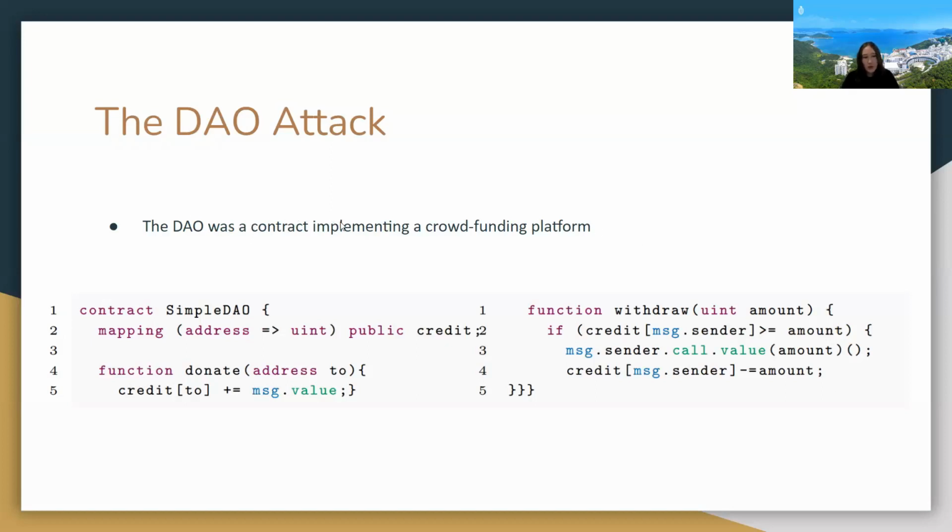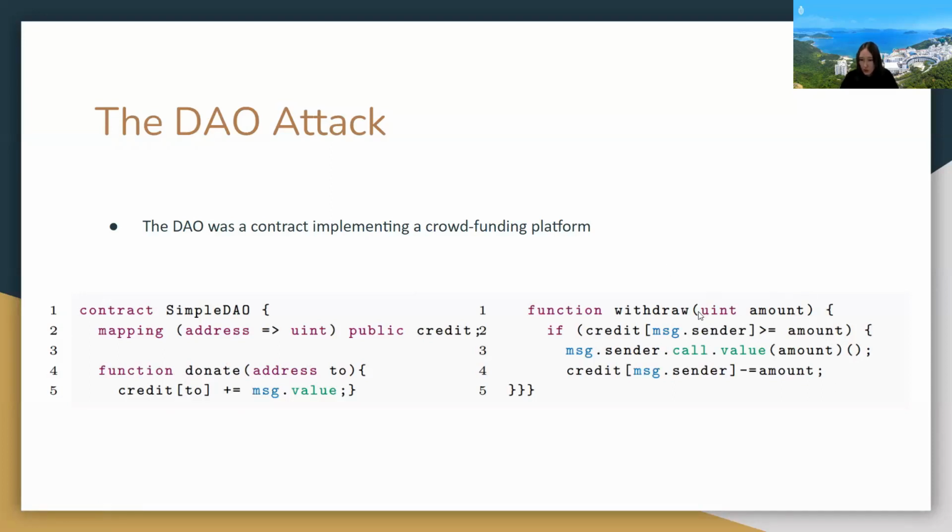DAO was actually a contract that implements a crowdfunding platform. Here we have the value of the credit. You could donate some value to an address, and the credit of that address would increase. So basically you have the donate function and also the withdraw function.